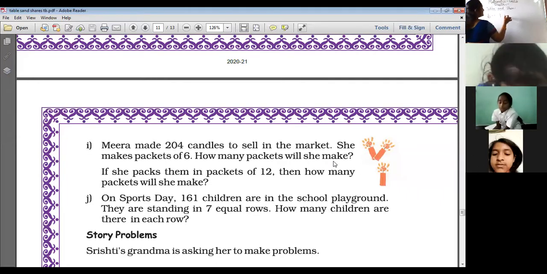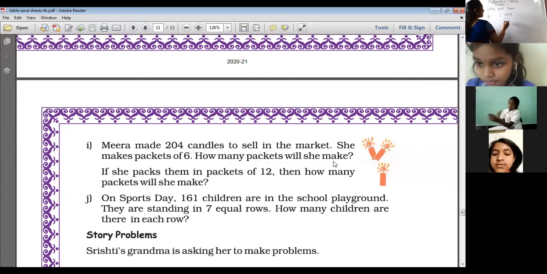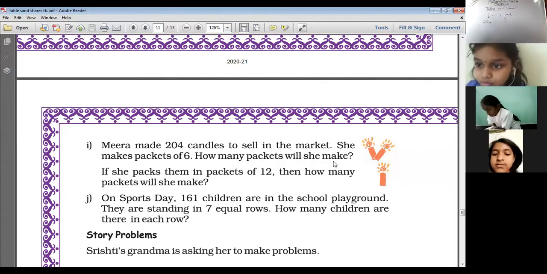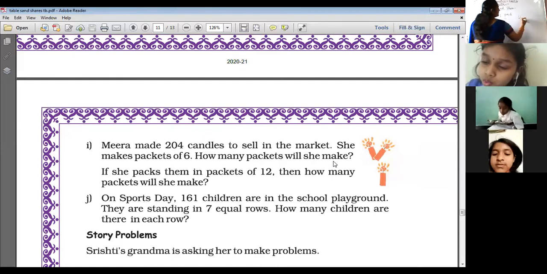So 6 candles in one packet. For 204 candles, how many packets do we need? So what do we have to do? We need to do division there.